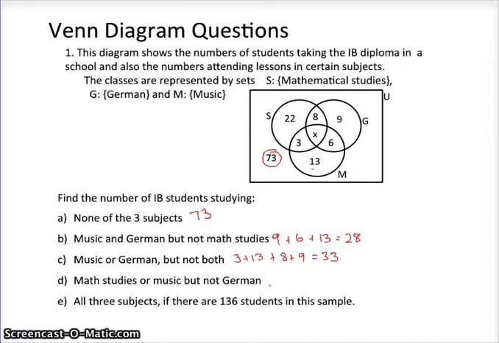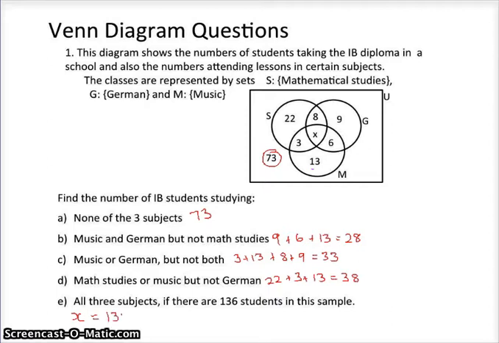Math studies or music, but not German. So the other ones that are taking math studies or music, but not German, it's 22 plus 3 plus 13, which is 38. Okay, and then finally, all three subjects, which is the X in the middle, if there are 136 students in the sample.